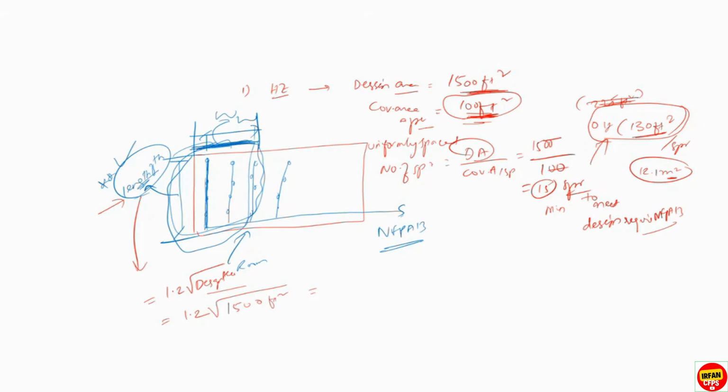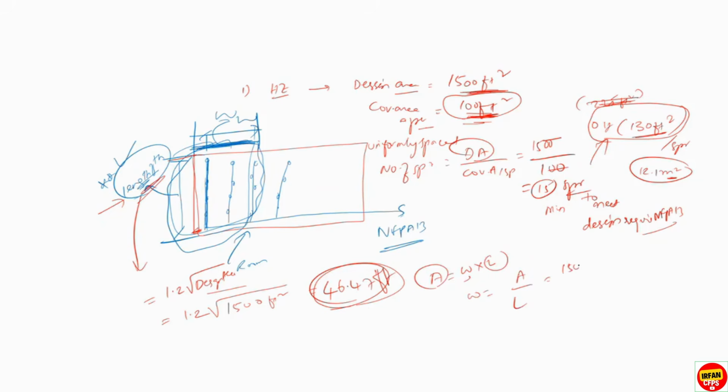So the length will be 1.2 multiplied by root 1500. So the length will be 46.47 feet. If you know the length, you know area is equal to width into length, right? So you know the area, you know the length. Now you can calculate width. Width will be area divided by length.